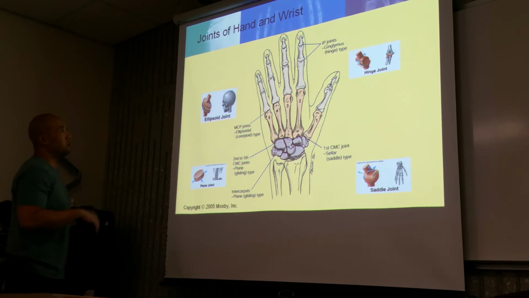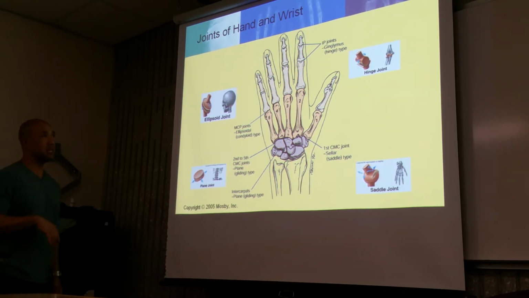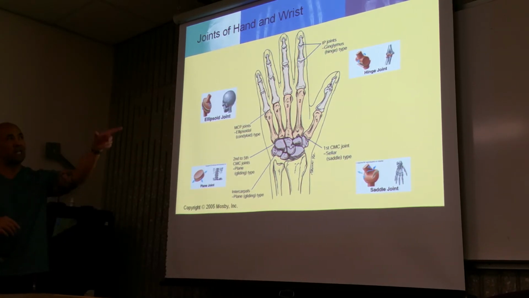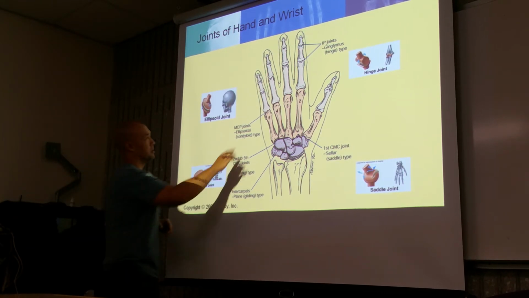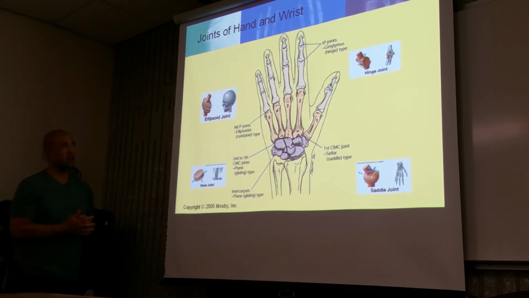All right, the joints of the wrist. Your interphalangeal joints are the hinge type. Again, I just added some pictures on here just so you have an idea of what a hinge is. And then the metacarpophalangeal joints are the ellipsoidal or the condyloid type.